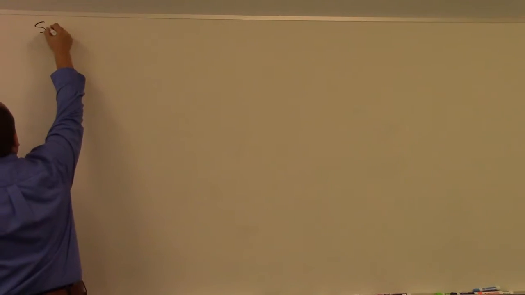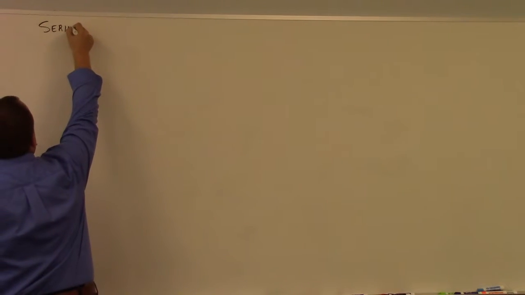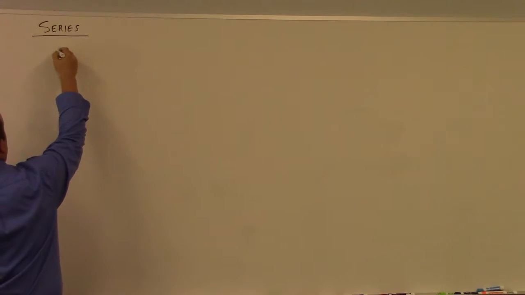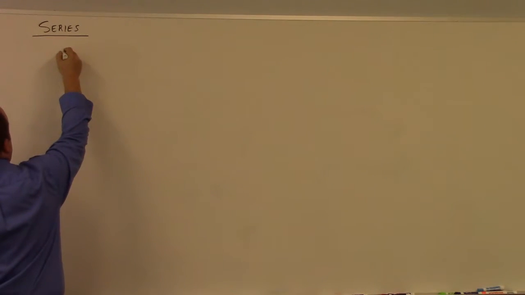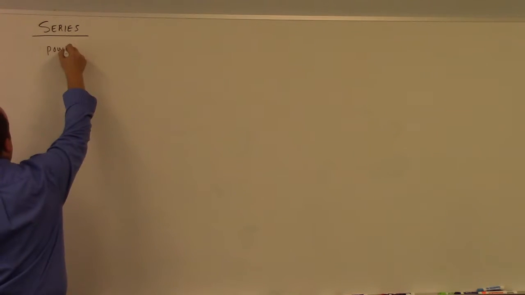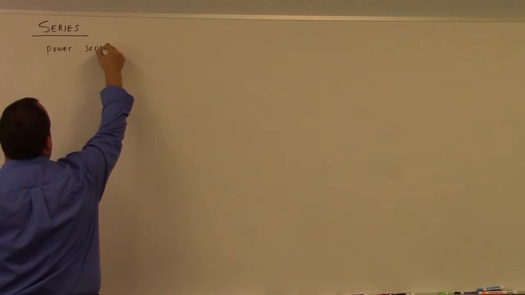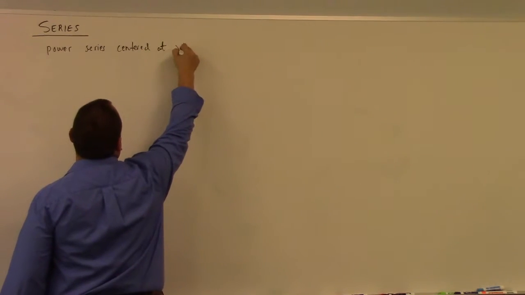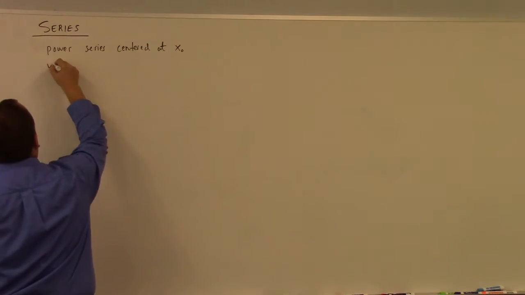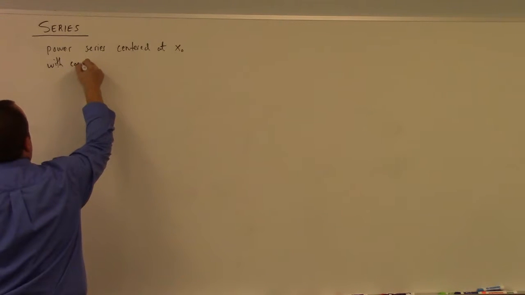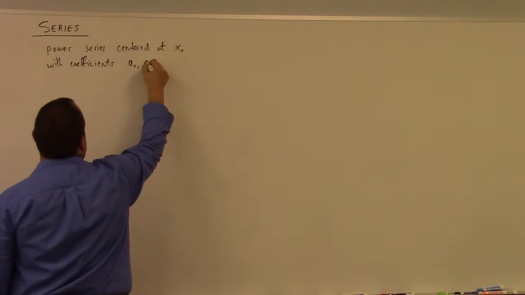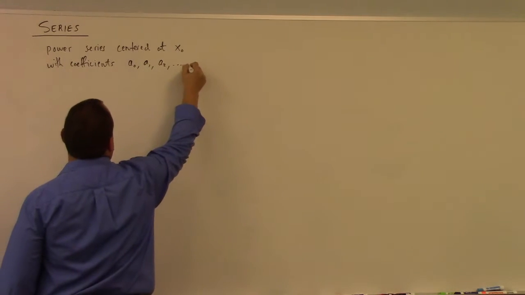So series, power series in particular, but not just that. Let me remind you what a power series is. A power series centered at x naught with coefficients a naught, a1, a2, and so on has the form what?